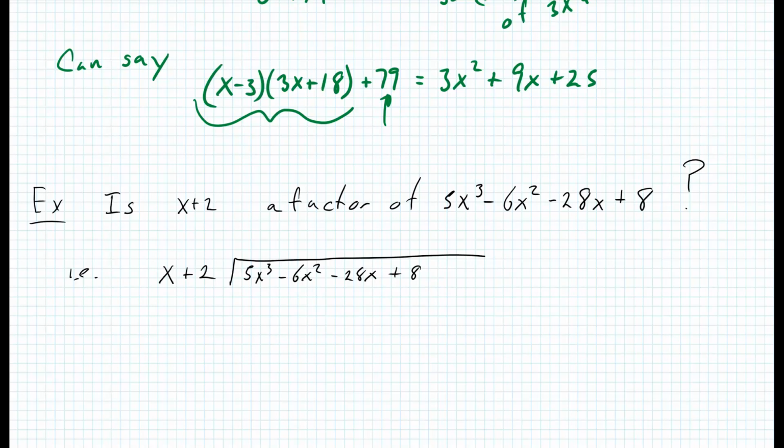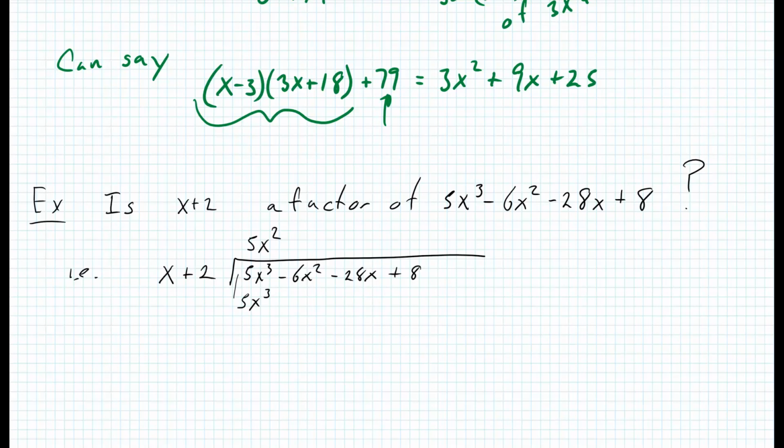First thing I do, what can I multiply x by to get 5x cubed? Clearly I can multiply by 5x squared. And 5x squared times x is just 5x cubed. That should always work out. These two things have to always be the same.